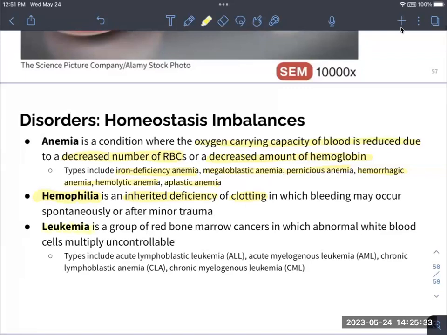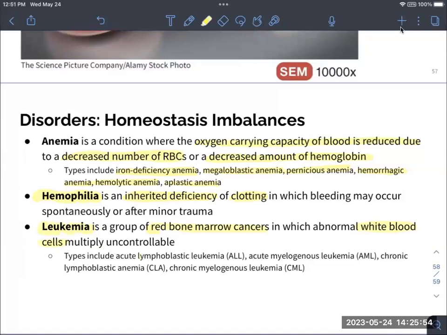Then we have leukemia. Leukemia is those bone marrow cancers where we get uncontrollable growth of a lot of these white blood cells. So we end up with tens to hundreds of thousands of white blood cells in our bloodstream.